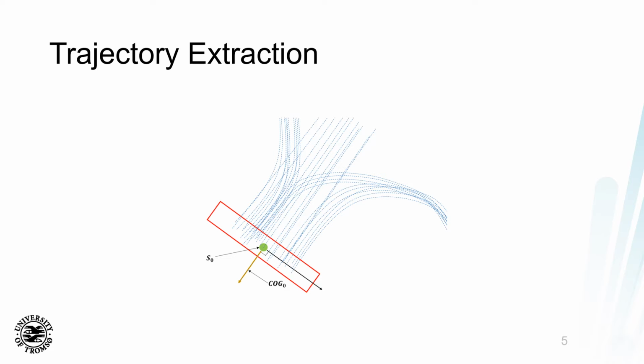And from this point, we then extract their trajectories for a certain time point into the past. So this could, for instance, be 10 minutes into the past or 30 minutes into the past, and evaluate the behavior of the past 30 minutes.